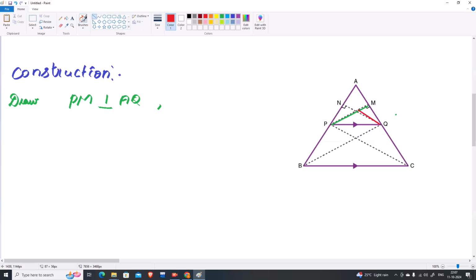Then I construct the next perpendicular line, NQ, which is perpendicular to AP. So we have constructed two perpendicular lines. Perpendicular lines always intersect at 90 degrees. Now we proceed further with the proof.